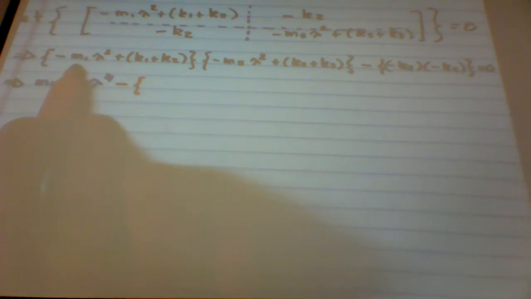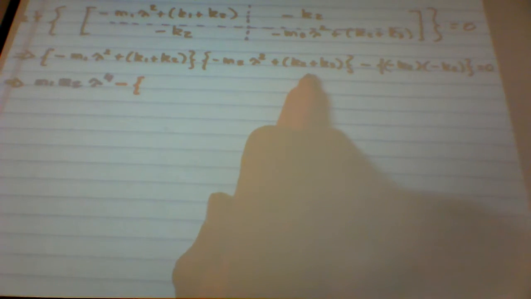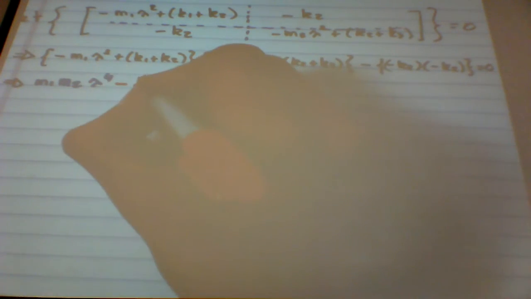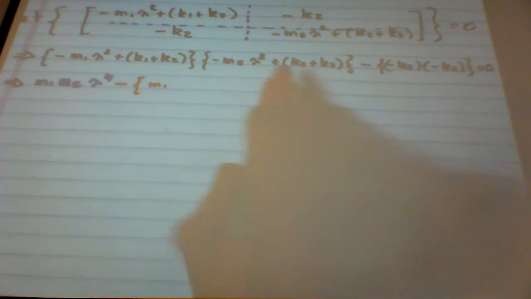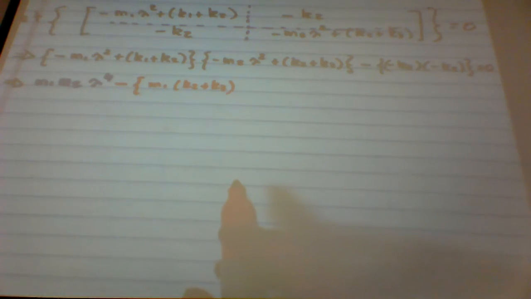We have this term times this one, so that would be minus m1 times k2 plus k3.